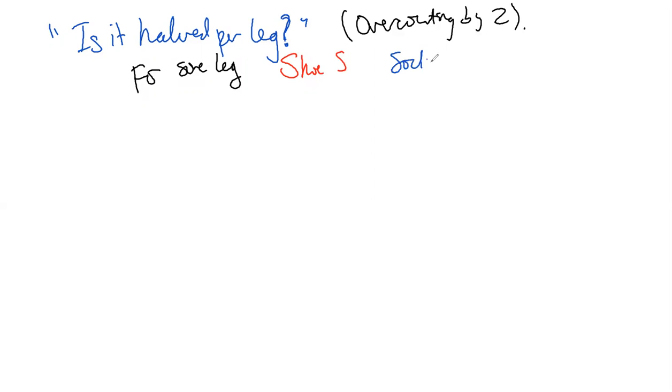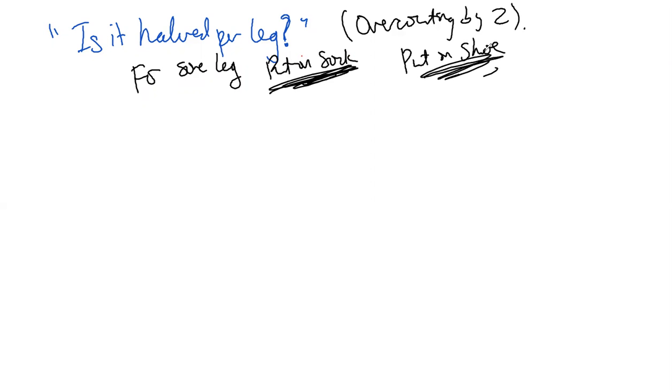Let's say for some leg, because the legs are distinguishable, we have the actions put on sock and put on shoe on this specific leg. These are 2 actions that will appear in our chain of 16, because we have 16 different actions we can do, and we have to do all of them at some point.